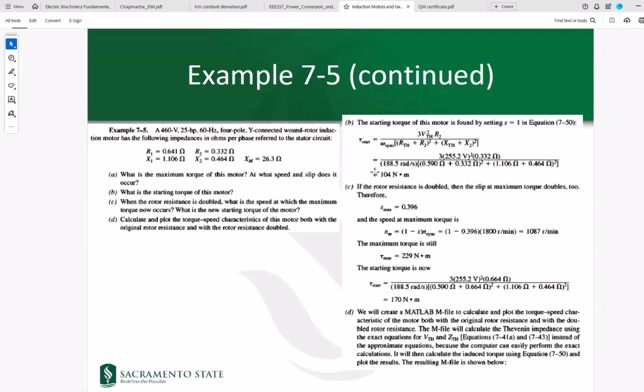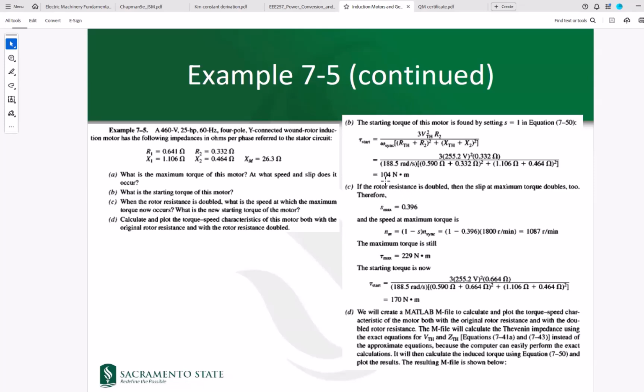So therefore, if you want to increase this startup torque, one way to do that is to increase the rotor's resistance. So part C of the problem is about that. When the rotor resistance is doubled, we want to see the speed at which the maximum torque now happens.